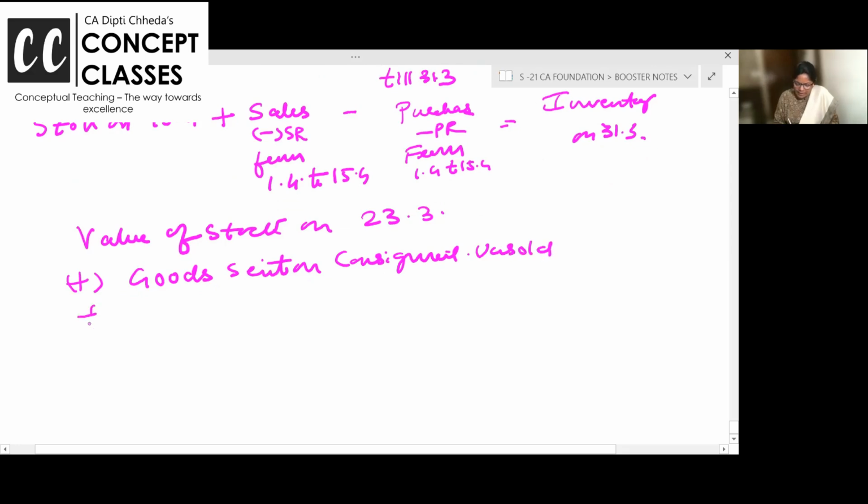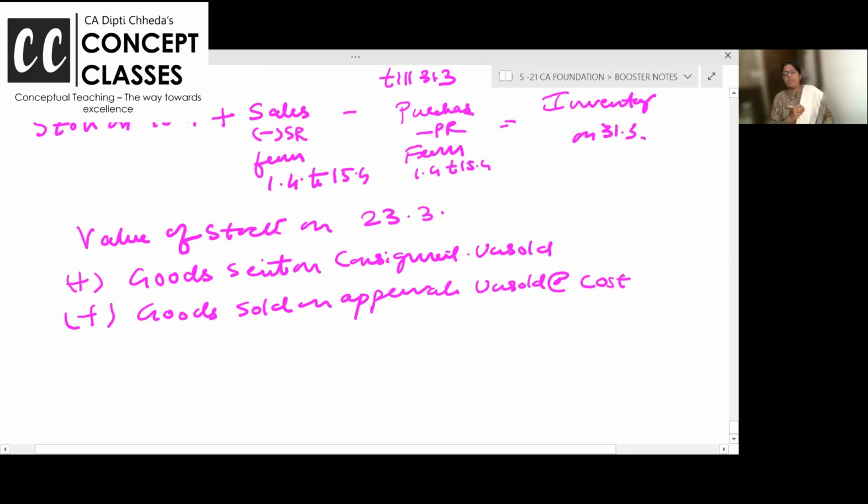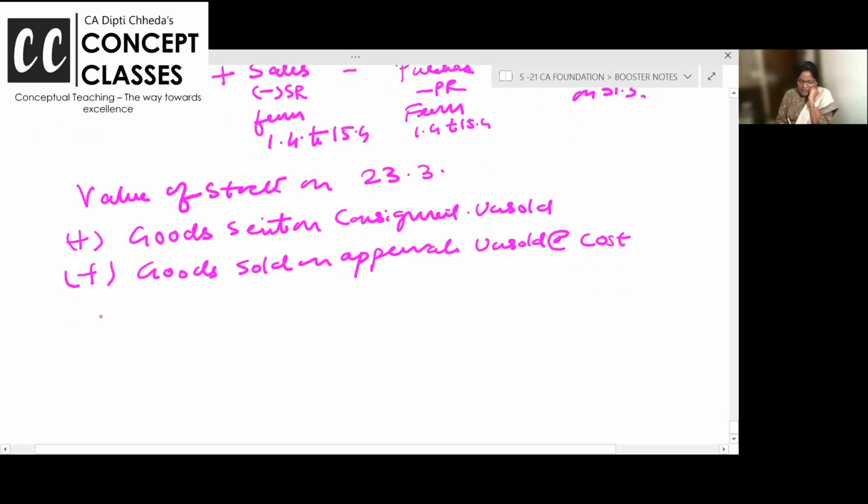Add back. Add back goods sold on approval, unsold. At cost. Goods are sold on approval basis, but if they are unsold, add it in your stock. Goods sent on consignment, add it in your stock.